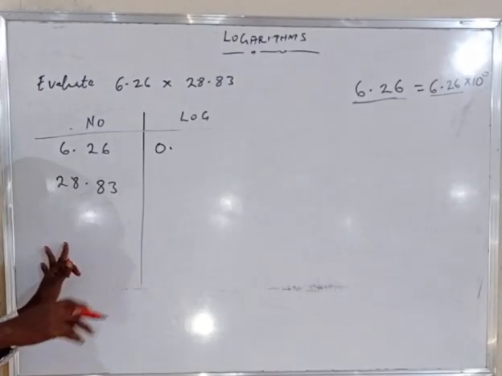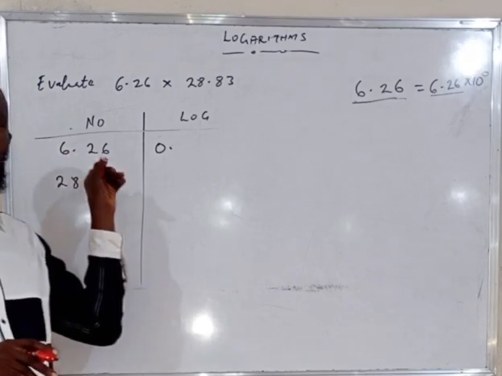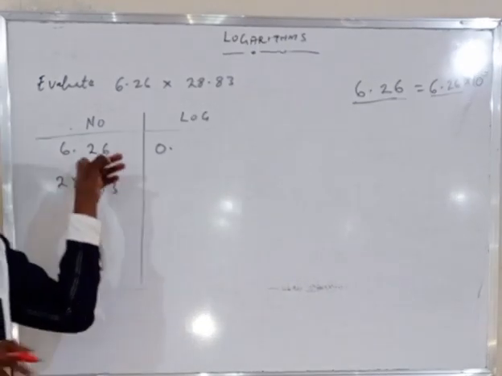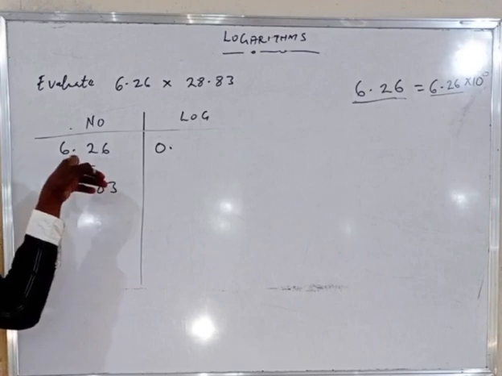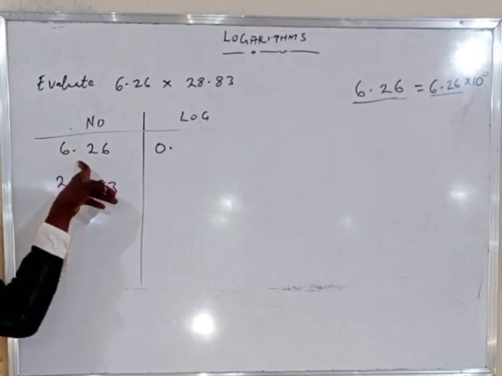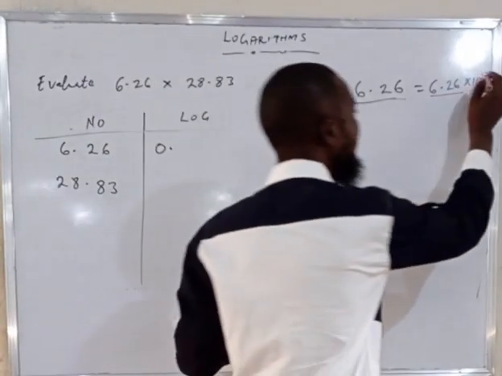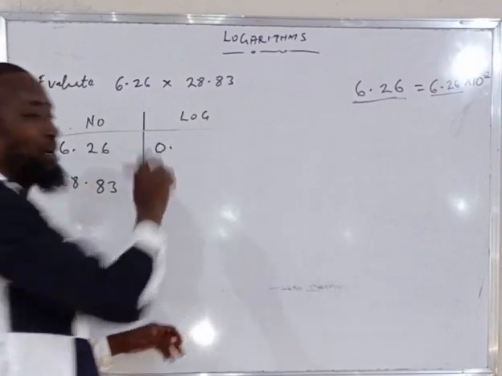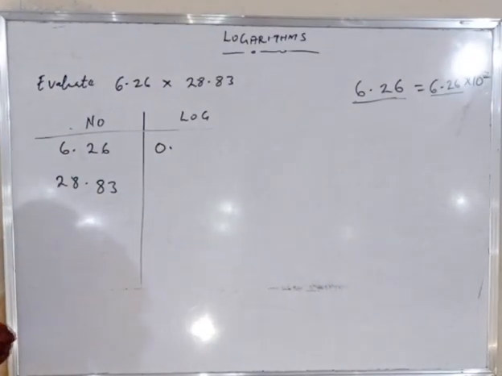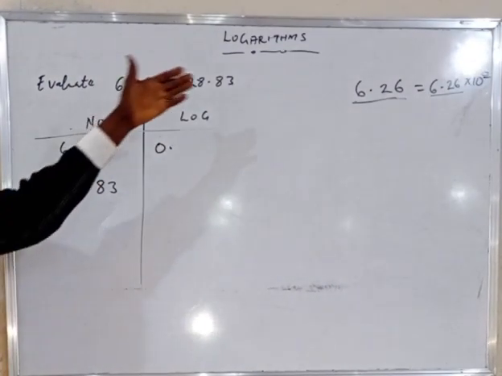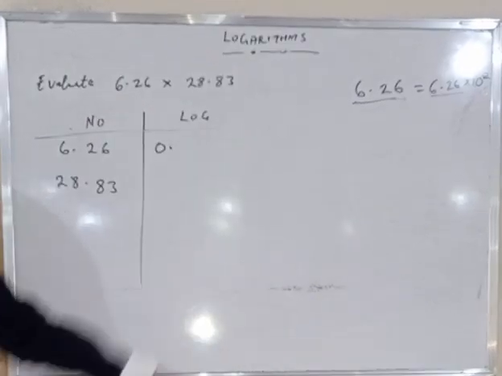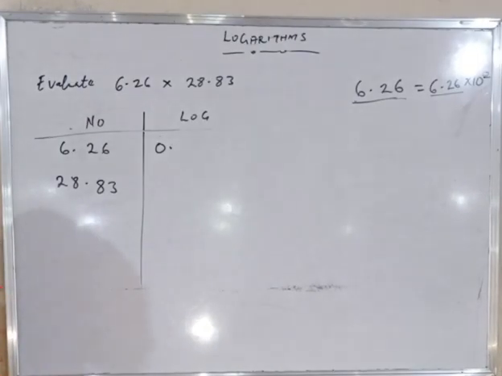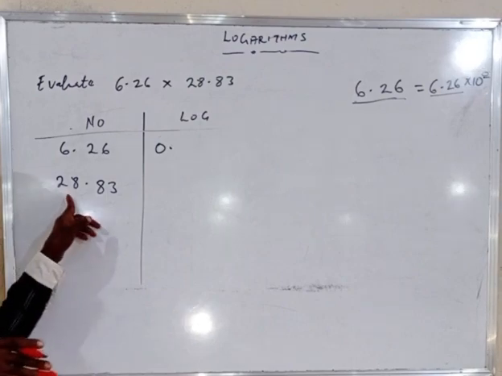But in case this concept is not too clear to you, convert the number to standard form. When you convert it to standard form, the power on your 10 will serve as your characteristic. That was my reason for using standard form to explain it. Is it clear?